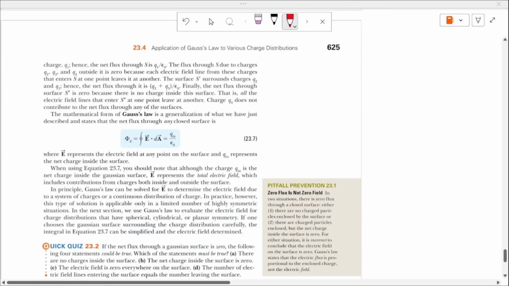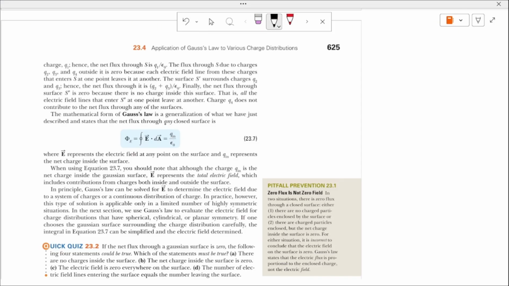This gives us our general expression. First, we just have the regular definition of the electric flux through a closed surface, very important remark, is equal to the charge inside the closed surface divided by epsilon sub naught.